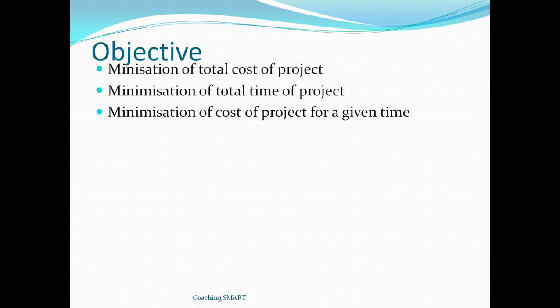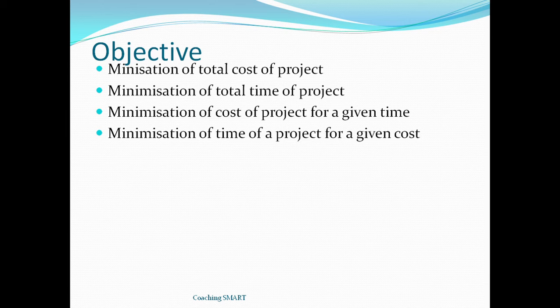Three, minimization of cost of project for a given time. So you are given time, so you need to minimize your cost. Four, minimization of time of a project for a given cost. You are given a particular amount of money to do a particular project. So what is required of you is to minimize your time.